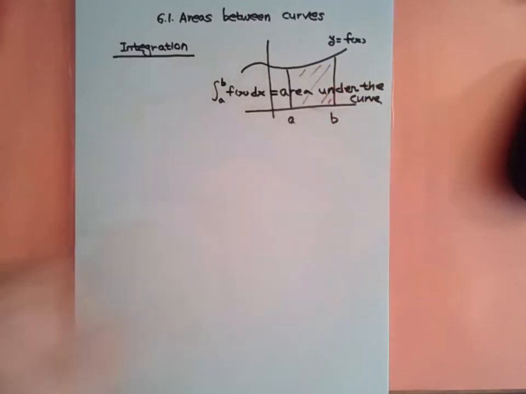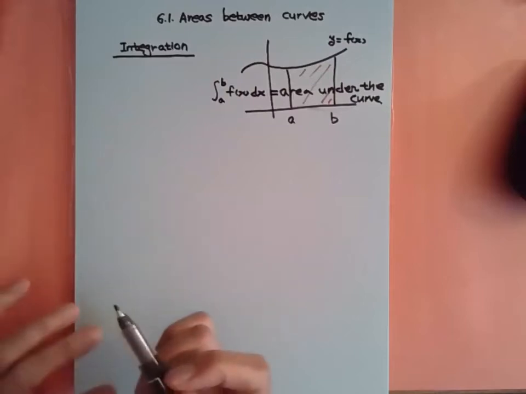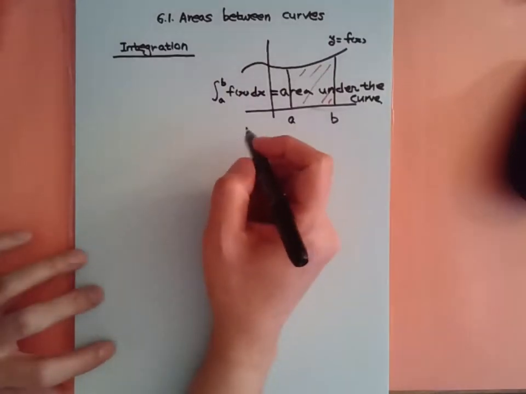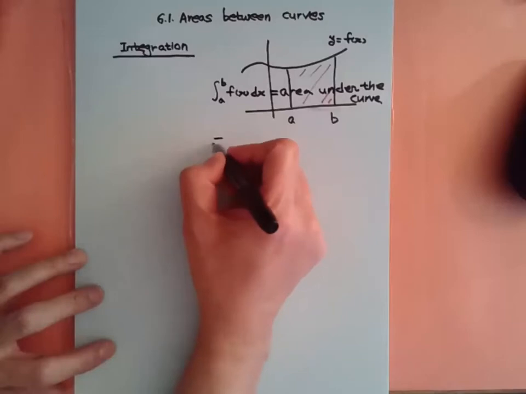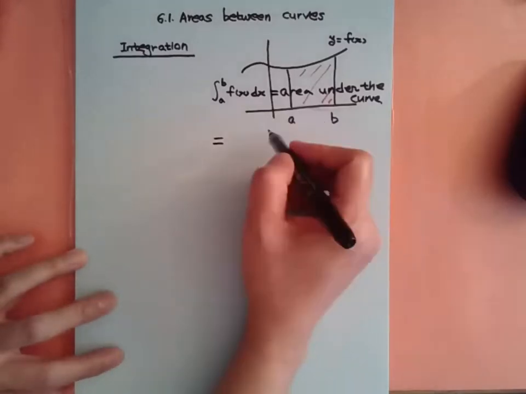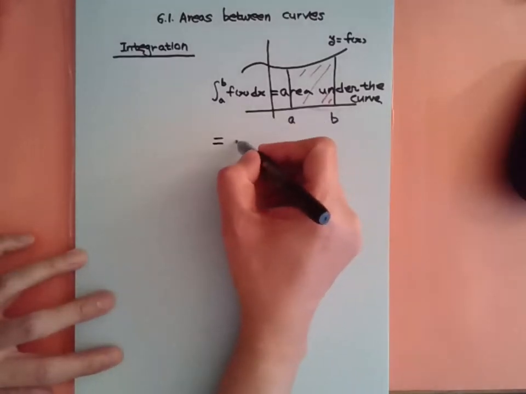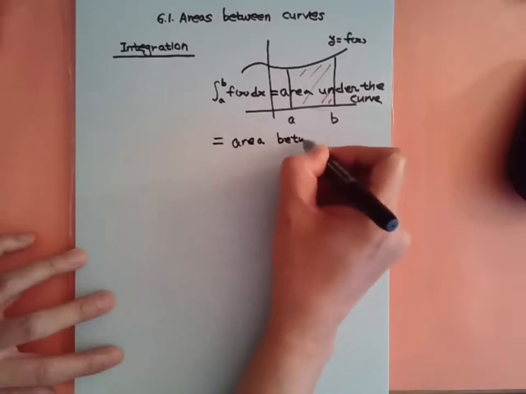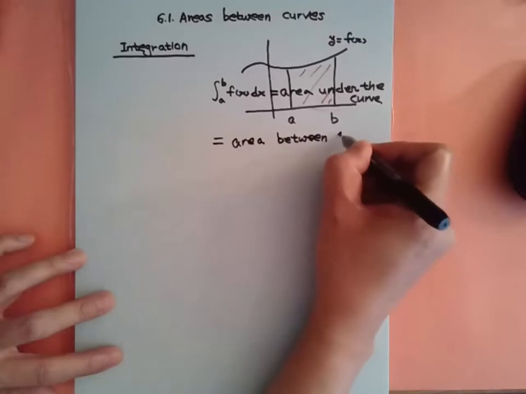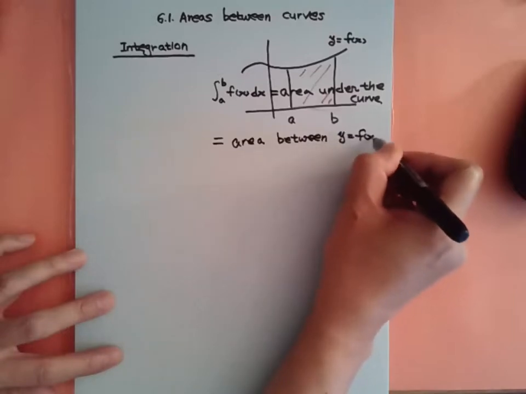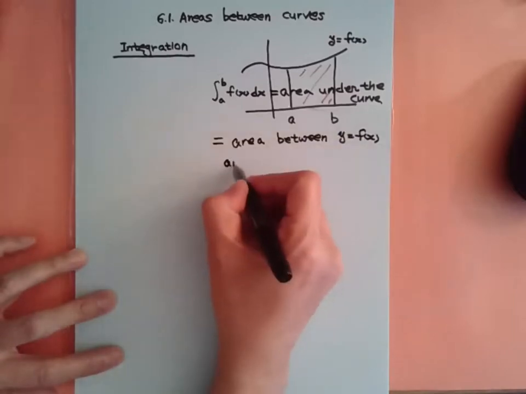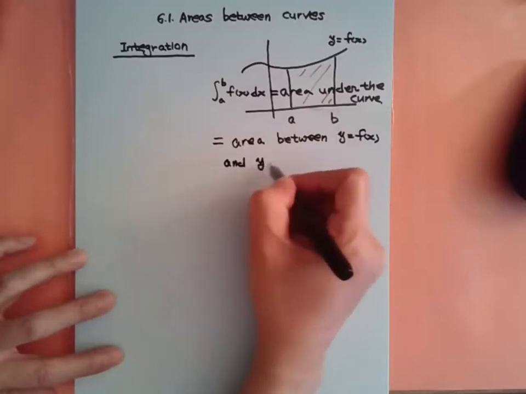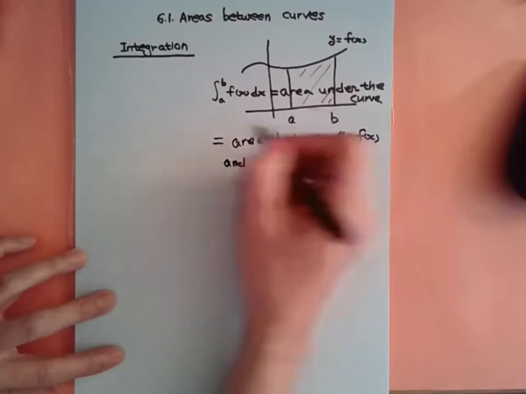So this area we can understand as area between the curve y equals f of x and y equals 0, meaning x-axis.